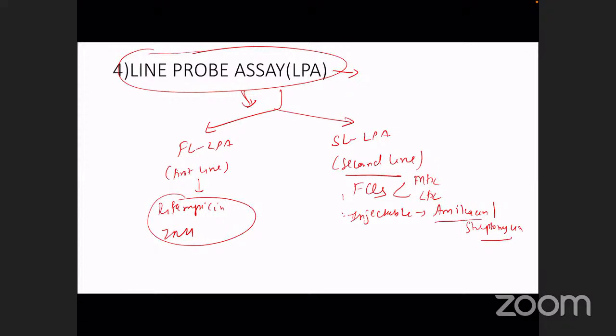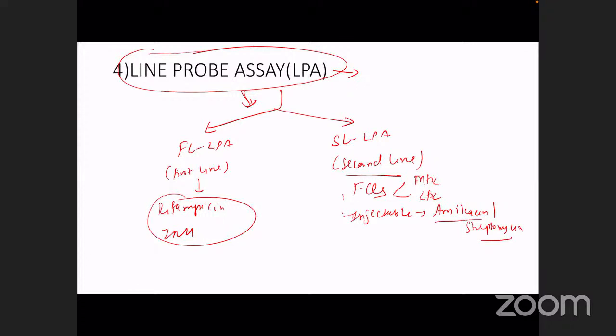Now, I hope you all know the basic principle behind all these rapid tests, that is LPA or Hain's test, or CBNAAT or TrueNAT. The basic idea here is you detect the mutated gene. I just told you, only for these four groups of drugs you have the genotypic methods available.